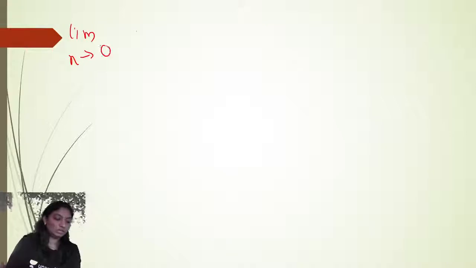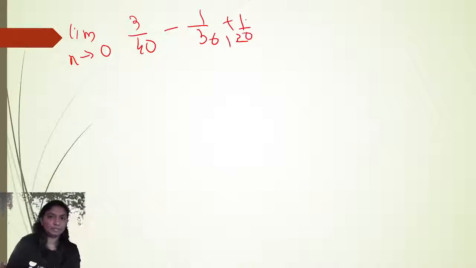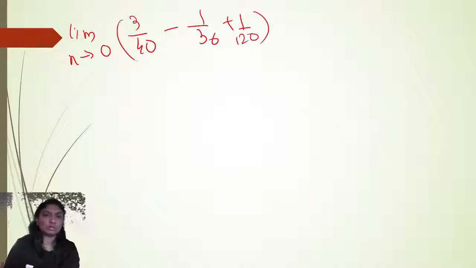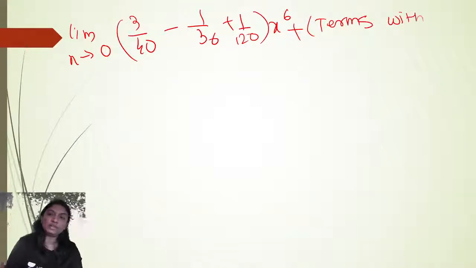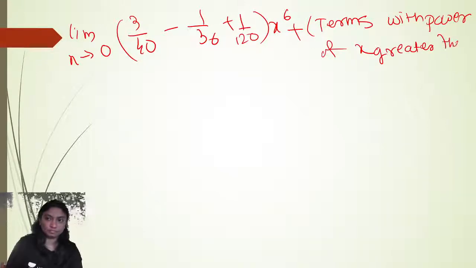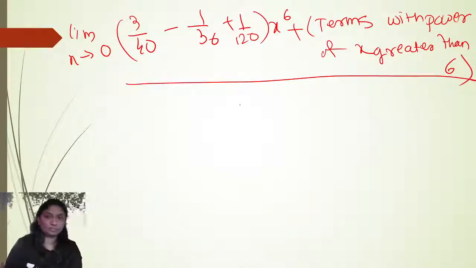Limit as x tends to 0, 3 by 40 minus 1 by 60 plus 1 by 20 into x raised to 6 plus terms with the power of x greater than 6, upon x raised to 6.